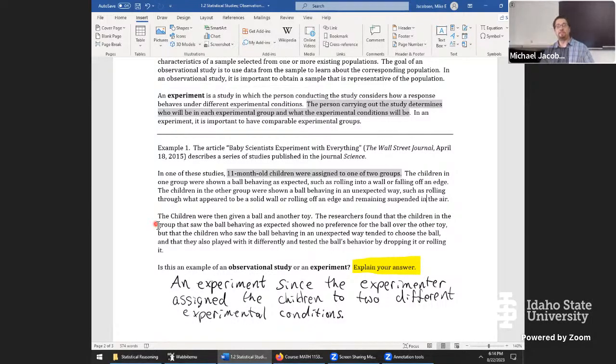It would be introducing some biases. But if I use randomization, maybe flipping a coin or a six-sided die, something like that, to decide who goes into which treatments, now it's an actual experimental design. Does that make sense for that question there? Awesome. Other questions or comments? Okay, well, let's keep on going to the next one.